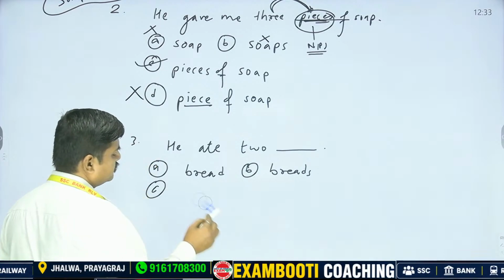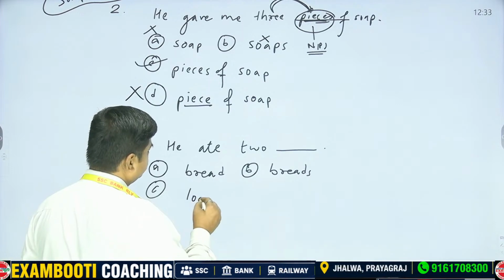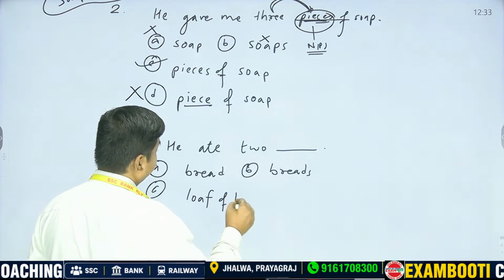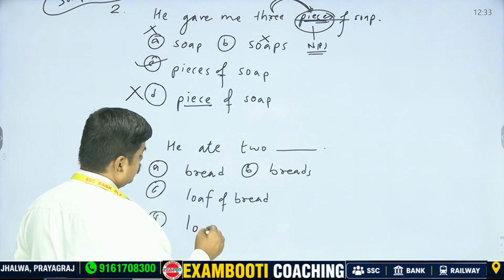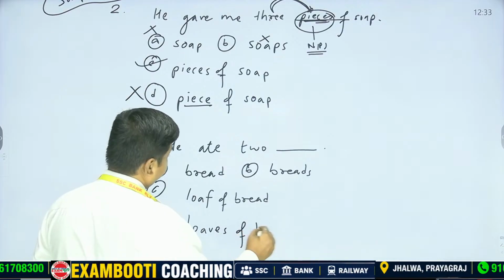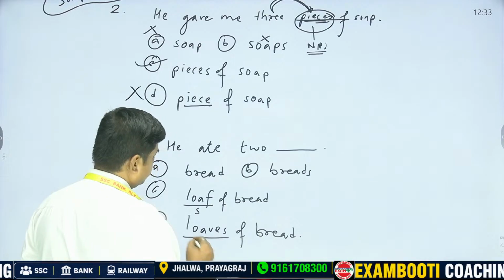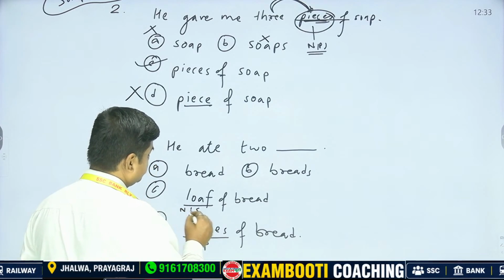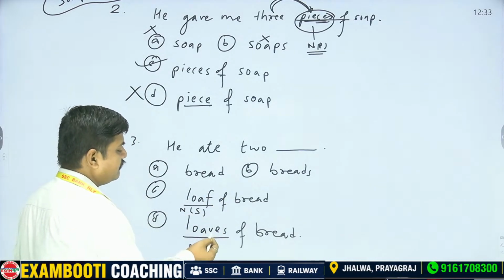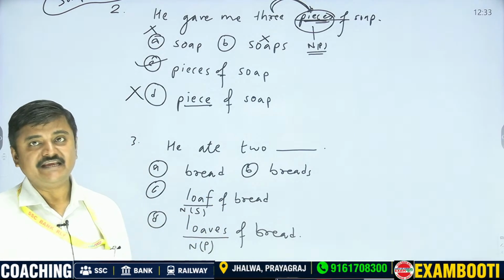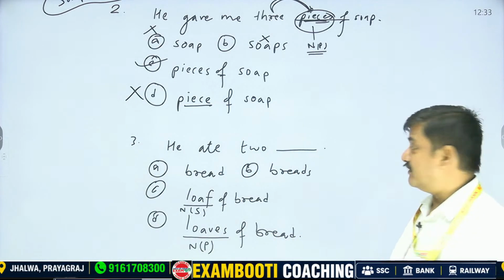I actually told you that this is universal, so I change this: loaf of bread, and loaves of bread, the plural version of the word. This is singular, this is plural. Removing F, we add VES.